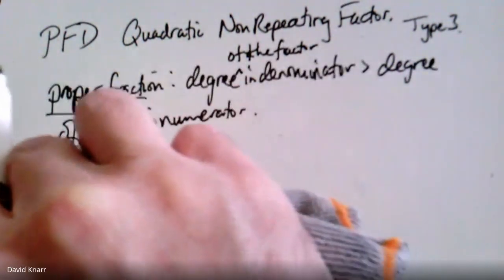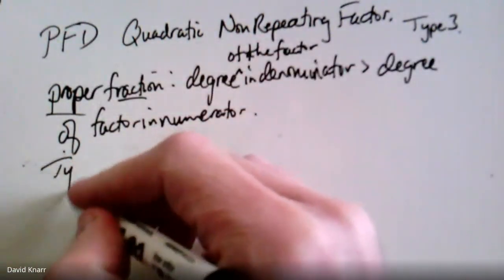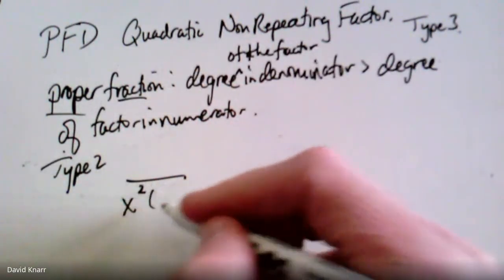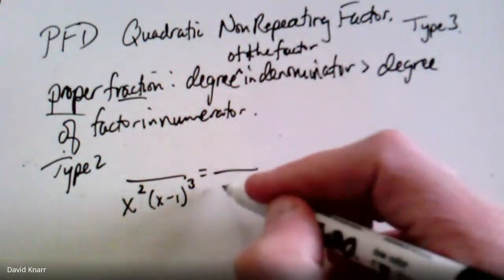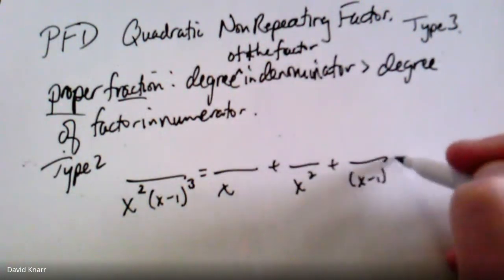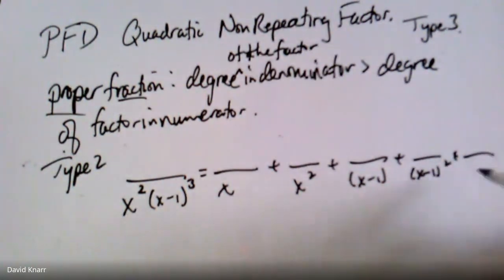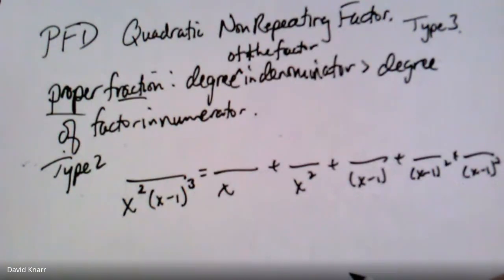And then we moved on to type 2. And we actually followed the same definition, whether you recognize it or not. In type 2, it got a little bit more interesting. It looked like this, for example. So we said, okay, there's an x squared, an x minus 1, an x minus 1 squared, and an x minus 1 cubed. Those were all our denominators. Now remember, everything is based off the factor that's in the denominator.